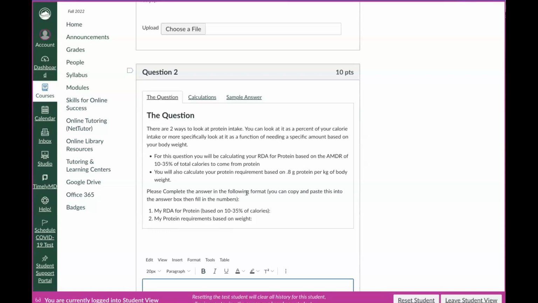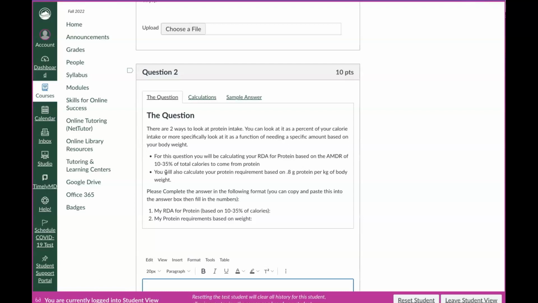But when we talk about protein, if you remember back a couple weeks ago, we talked about the acceptable macronutrient distribution range. For protein, your calorie intake can be anywhere from 10 to 35% of your calories. So somebody who's a little bit lower on protein, maybe somebody who needs more carbohydrate, or somebody who's eating a little bit more fat.